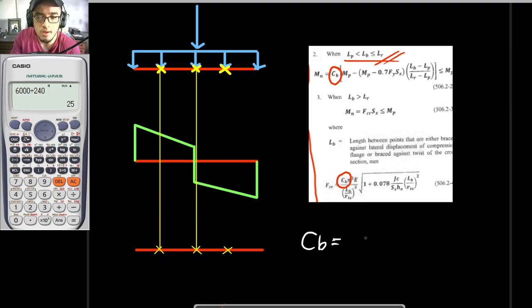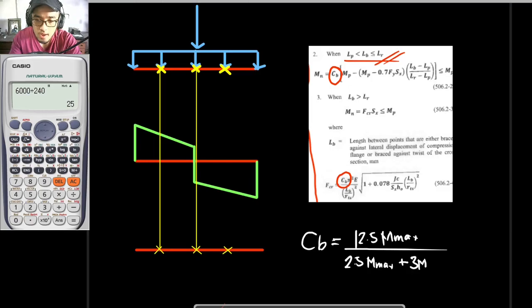So that is to be 12.5 maximum moment divided by 2.5 M max, so maximum moment, 3 MA plus 4 MB plus 3 MC. Then, you would be multiplying this by RM.